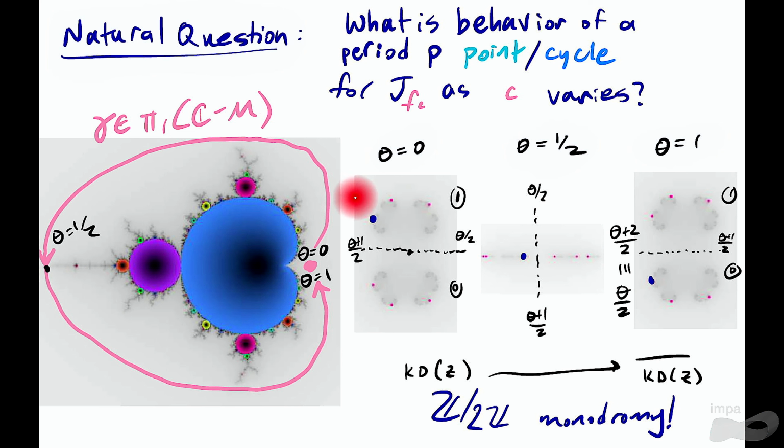So in other words, if we just did one loop, our periodic points and our periodic cycles don't stay put. There's some amount of monodromy that happens as we go around in the Mandelbrot set, where points map to other points, and then there's a Z mod 2Z action to this, where it takes two loops around the Mandelbrot set in order for a periodic point or a periodic cycle to return to itself.